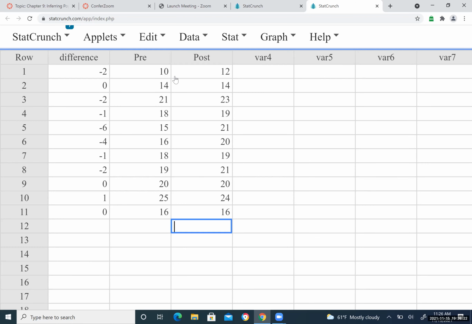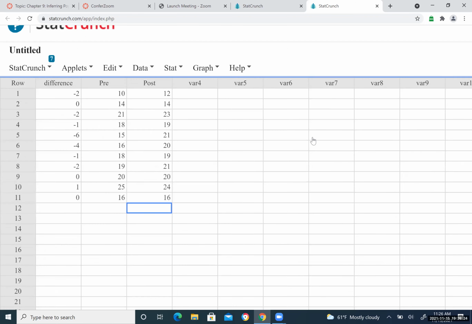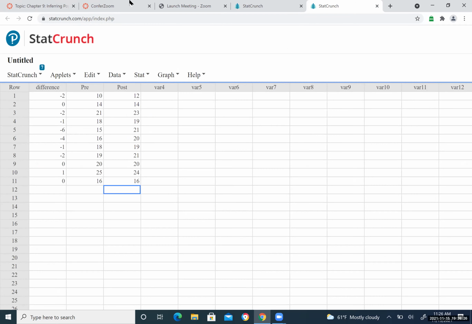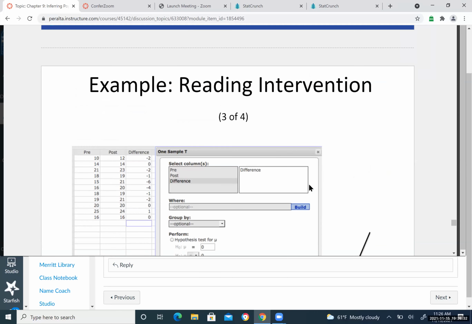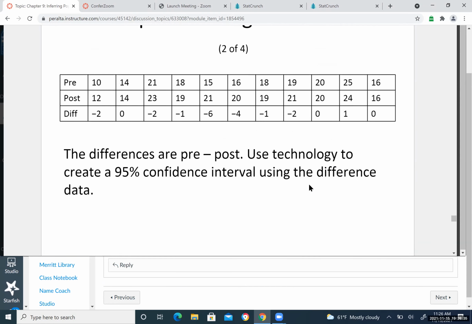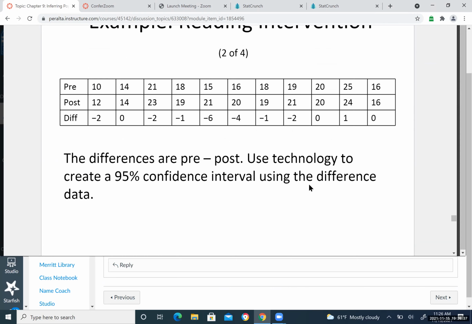So let me go back to the example. Let me see if they did compute the differences already, or we have to do it on our own. Let me check. If they did compute, there's an example where they already computed all of this.